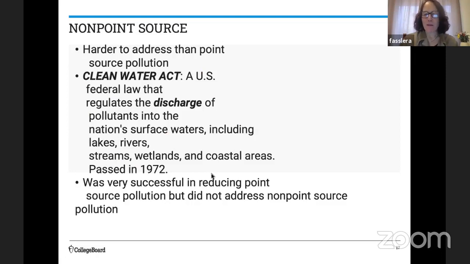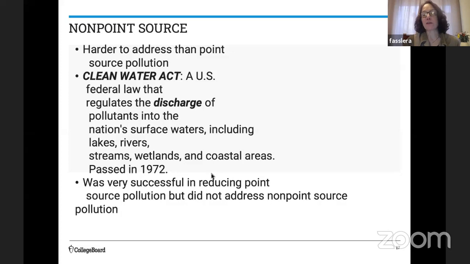Just kind of a final note on non-point sources of pollution, and it relates back to the Clean Water Act, which you may or may not have talked about. Remember, you've already talked probably a little bit earlier in the year about aquatic ecosystems. So some of this isn't completely new to you.